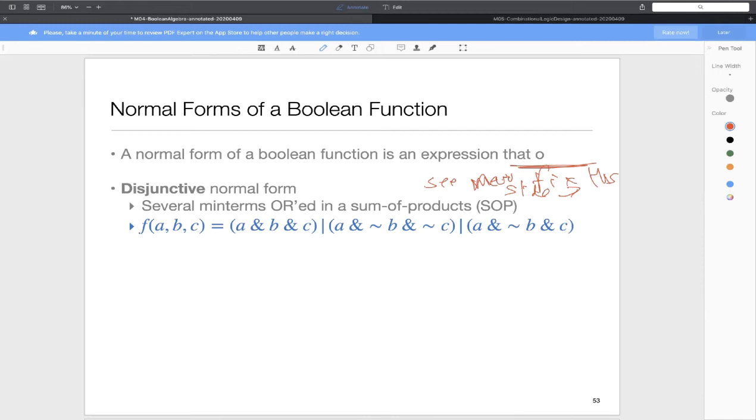For example, I could have f of ABC, some function f, written in this manner. Out of the 8 possible minterms, it is true for 3 of the minterms. So I can look at those rows where the function had a true value, and then OR together those minterms, right? Because when the input takes the value corresponding to row number i, then the corresponding minterm has to have the value 1.